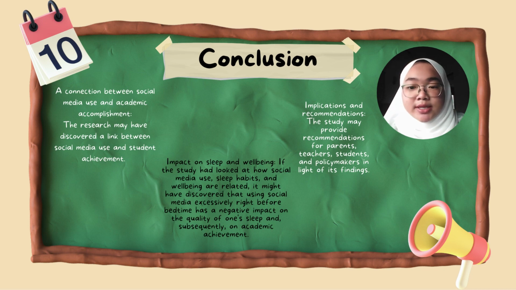If the study had looked at how social media use, sleep habits, and well-being are related, it might have discovered that using social media excessively right before bedtime has a negative impact on the quality of one's sleep and subsequently on academic achievement. The third one is implications and recommendations. The study may have provided recommendations for parents, teachers, students, and policymakers in light of the findings.